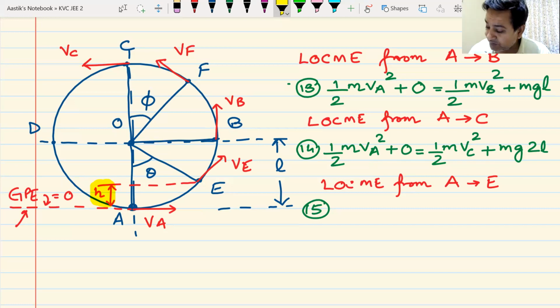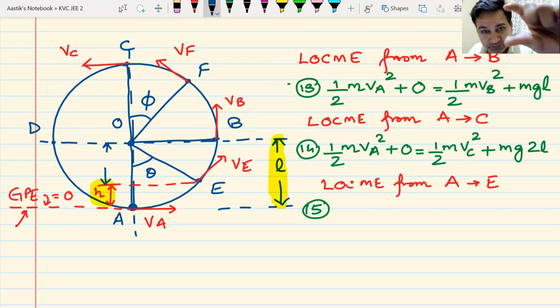This h would be this L, which is the total length from A to O, minus this much. So the only question that remains is to find the value of this much.